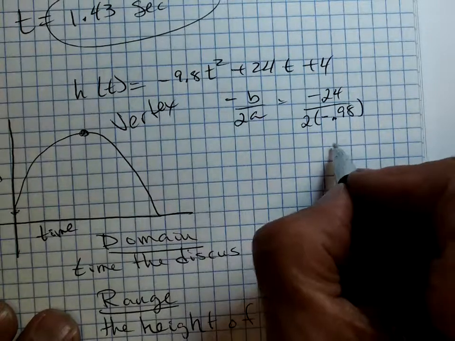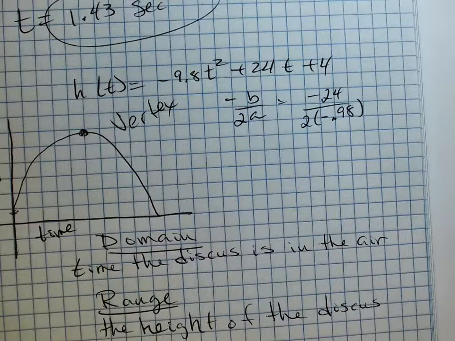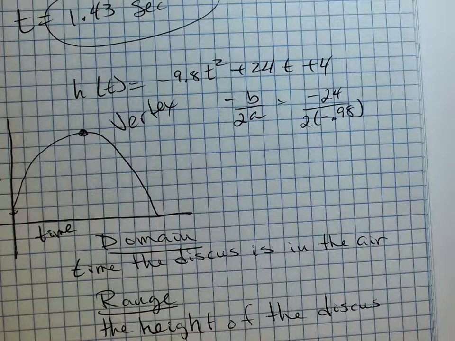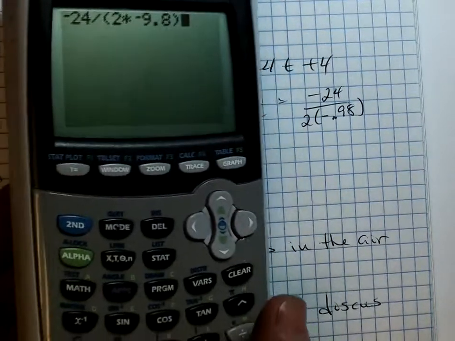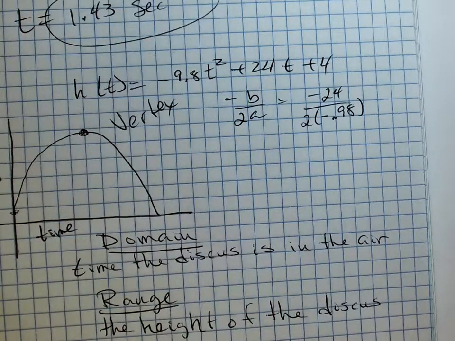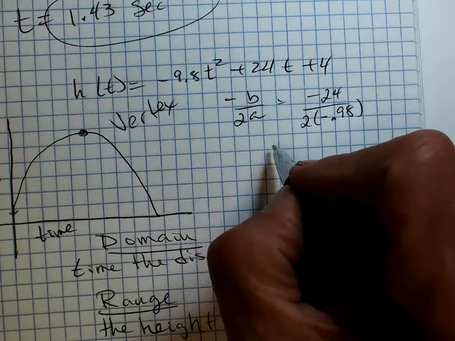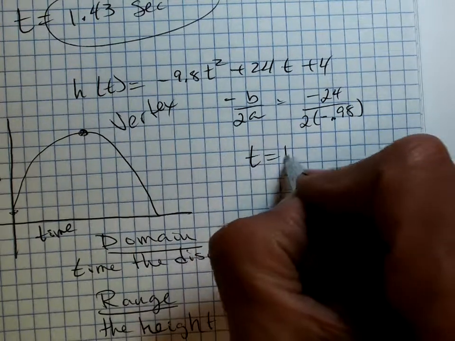What is negative 24 divided by parentheses 2 times negative 9.8? I get about 1.224. We'll just say 1.2. t equals about 1.2.